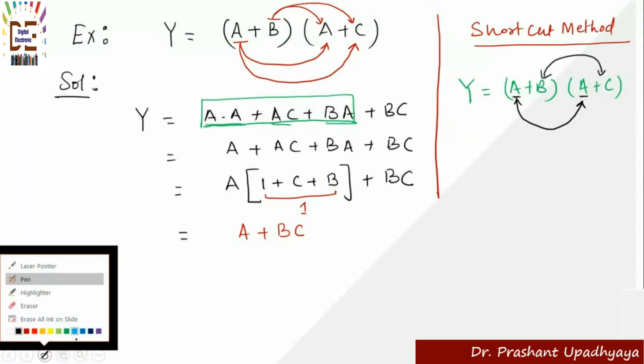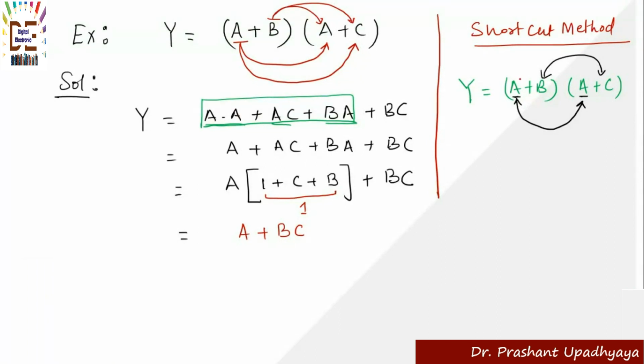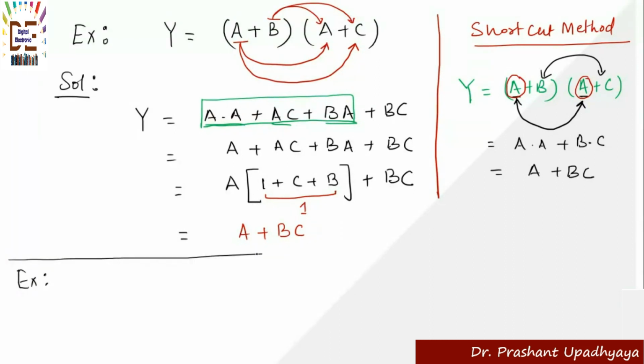When a is common here and here, you have to get the result like this: a multiplied by a plus b multiplied by c. So it will give you a plus bc. You can check this with an example and see whether it works or not.